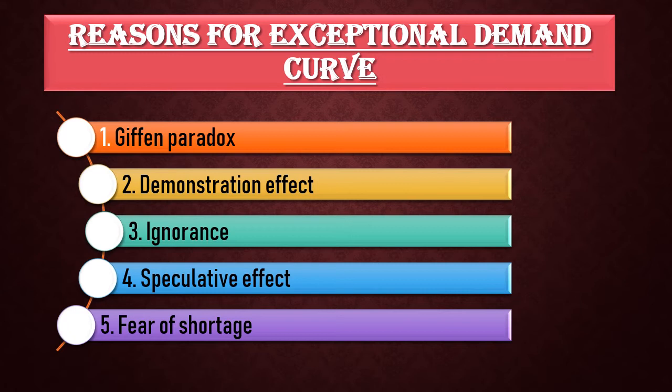And if there is a decrease in the price, it will tend to increase the demand. But there are some cases in which this law fails to hold. So here are the points: Giffen paradox, demonstration effect, ignorance, speculative effect, fear of shortage. So let's understand these points one by one.